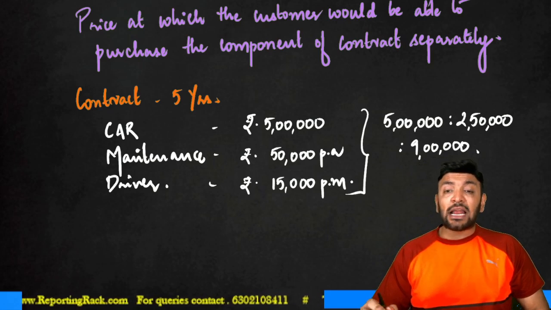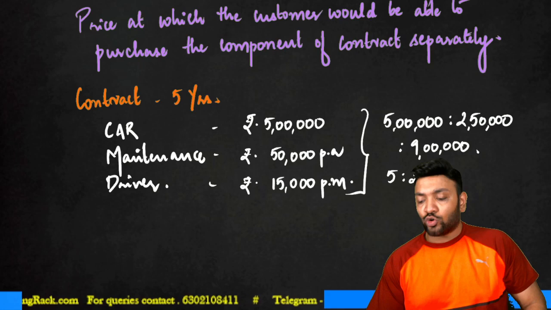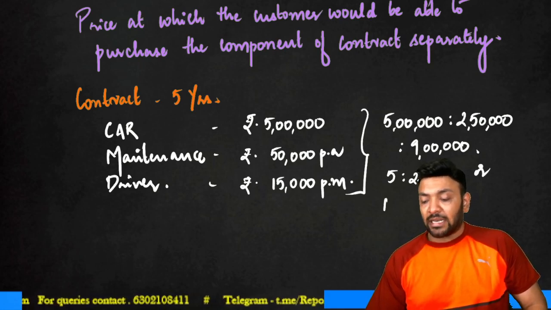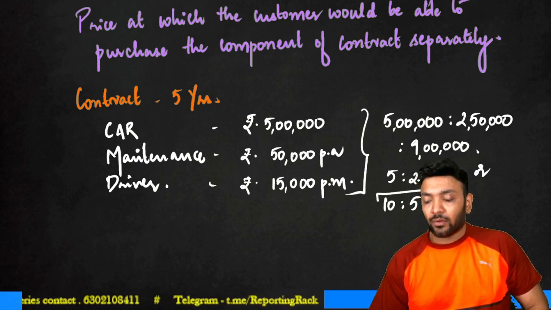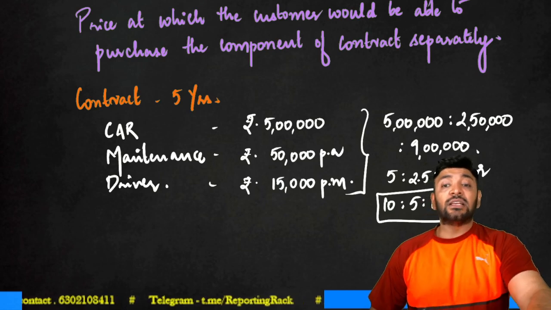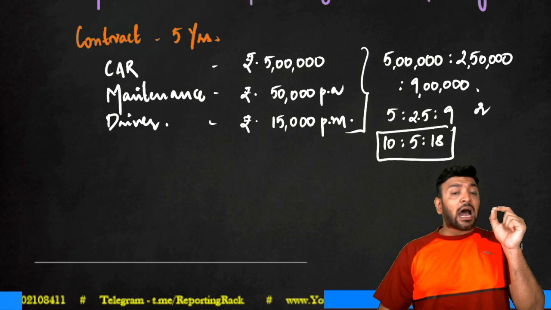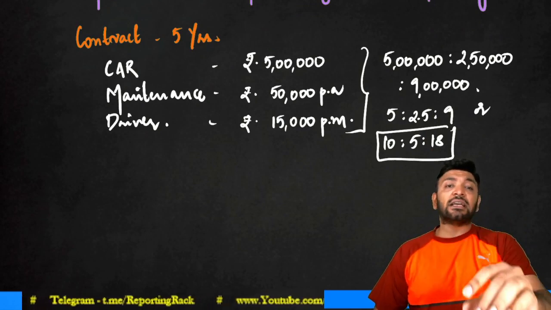Therefore, the contract should be split in the ratio of 5:2.5:9, or better, 10:5:18. This is the way in which I'll split the contract of the car, maintenance and the driver together, and this is the ratio which I will consider.